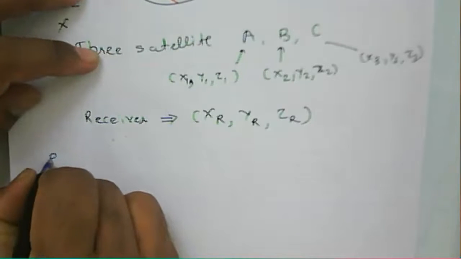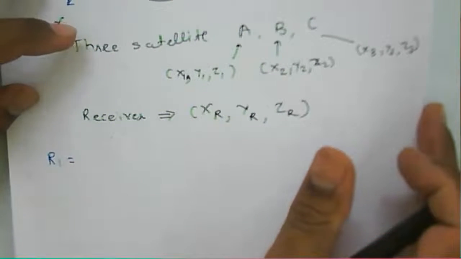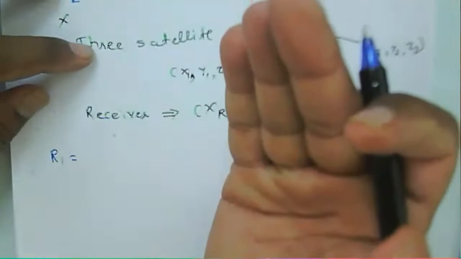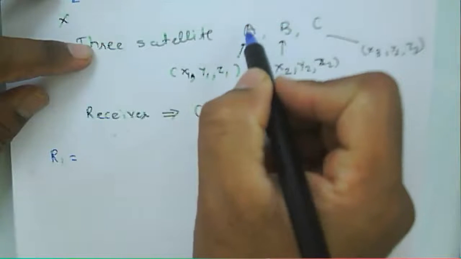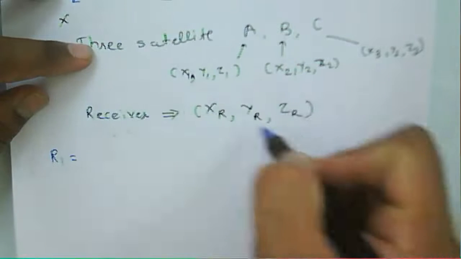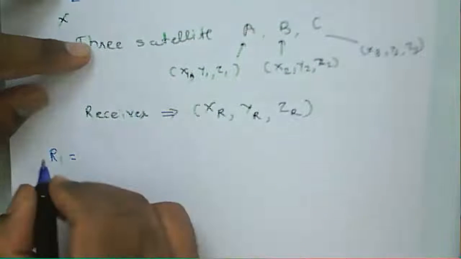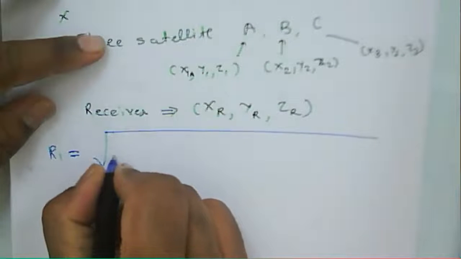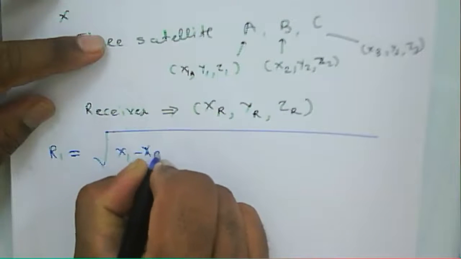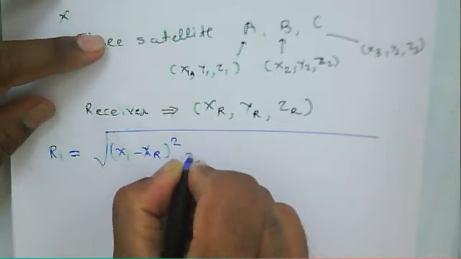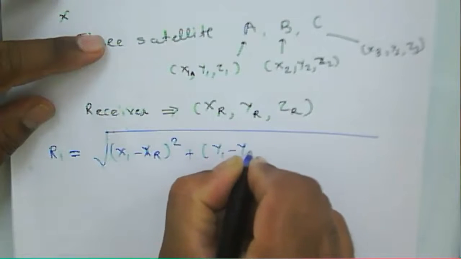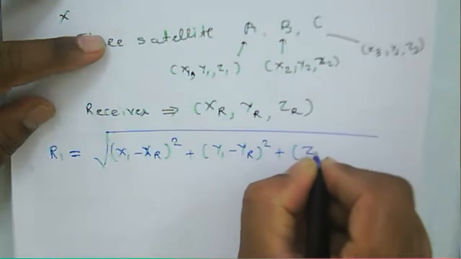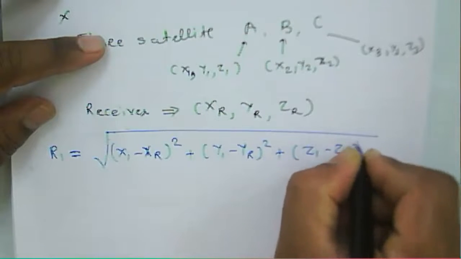R1 is the range of satellite one with respect to the receiver. So R1 is equal to the square root of (X1 minus XR) squared plus (Y1 minus YR) squared plus (Z1 minus ZR) squared.